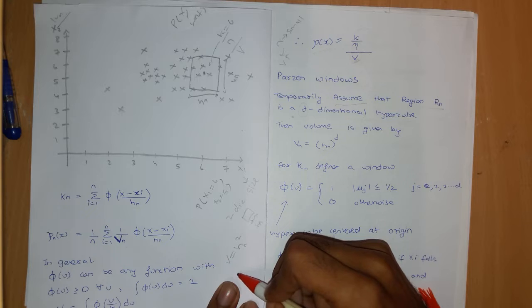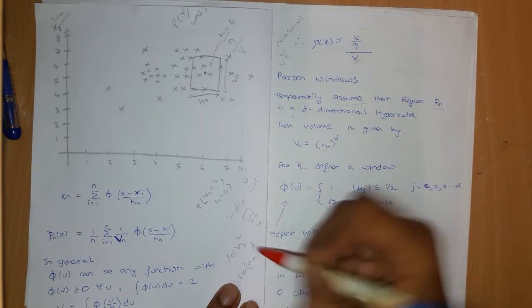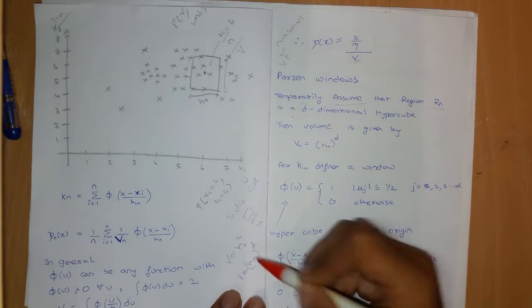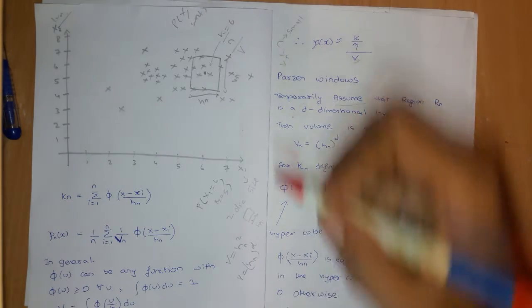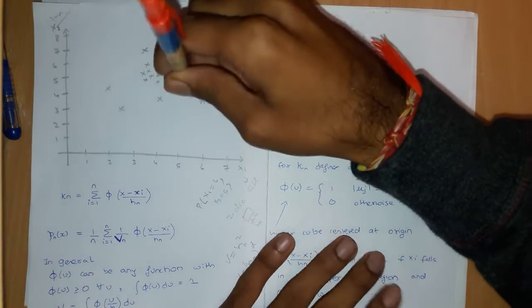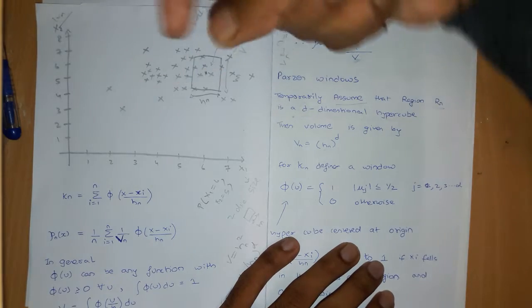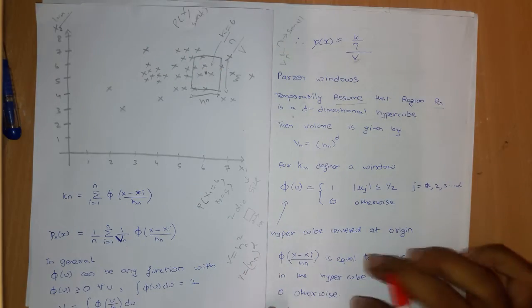But for a d-dimensional space you can do this, because for d-dimensional it will be hn raised to d. So if it was a 3-dimensional space, you would have an axis over here like this, and then this would have some height, and the volume will be nothing but the cube.